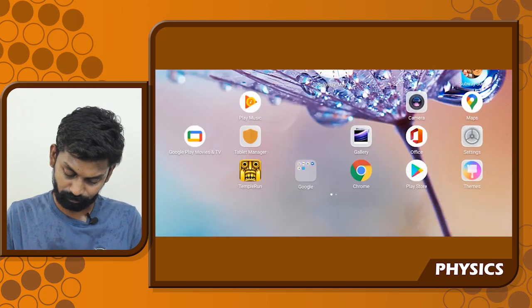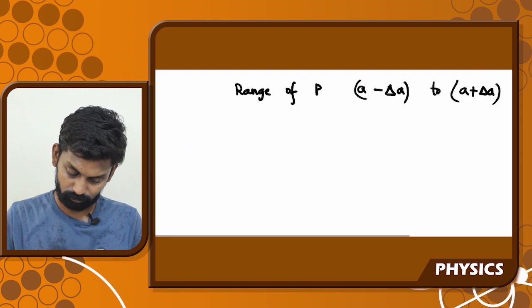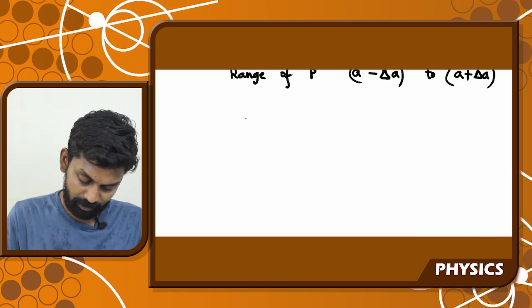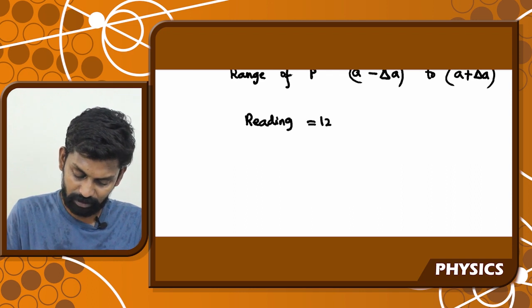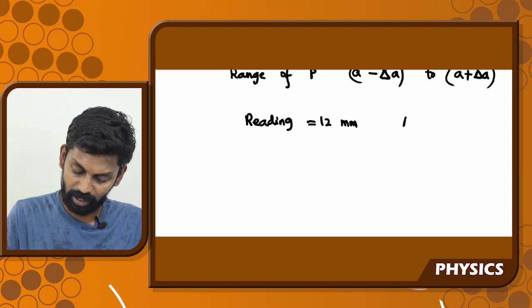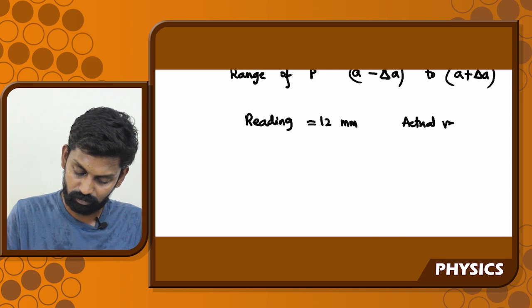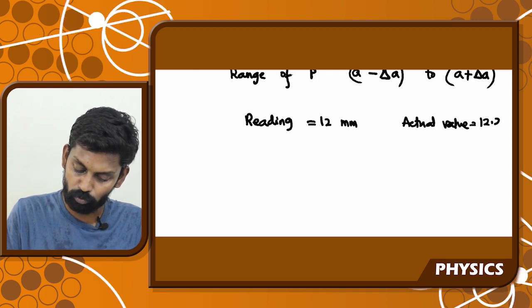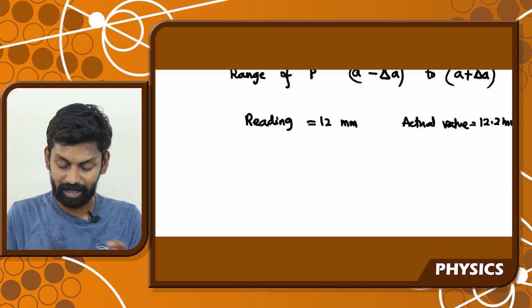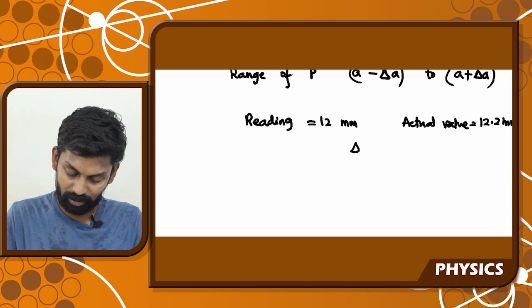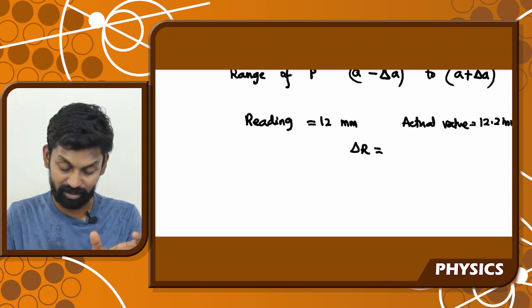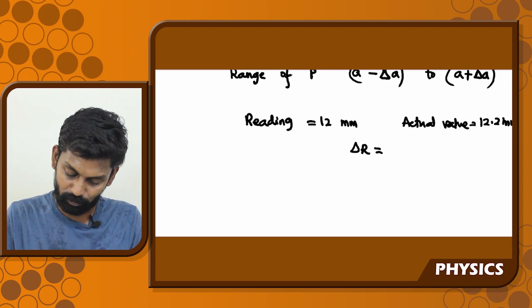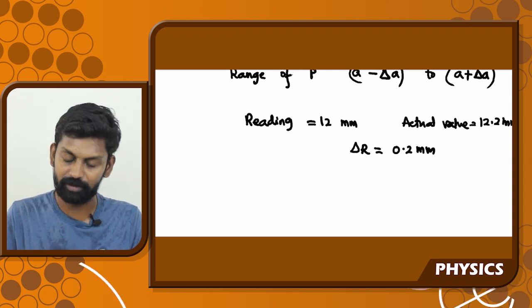So, suppose the reading is equal to 12 millimeter when the actual value is 12.2 millimeter. So, the error delta R, the deviation in the reading R, is equal to 0.2 millimeter.